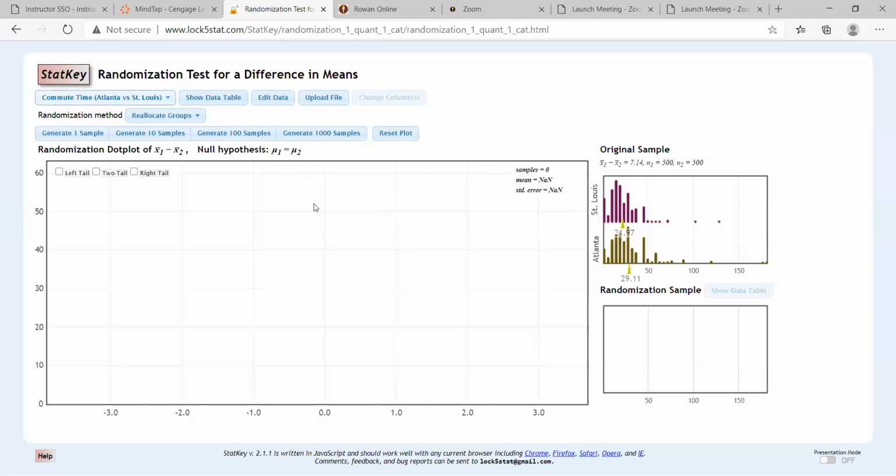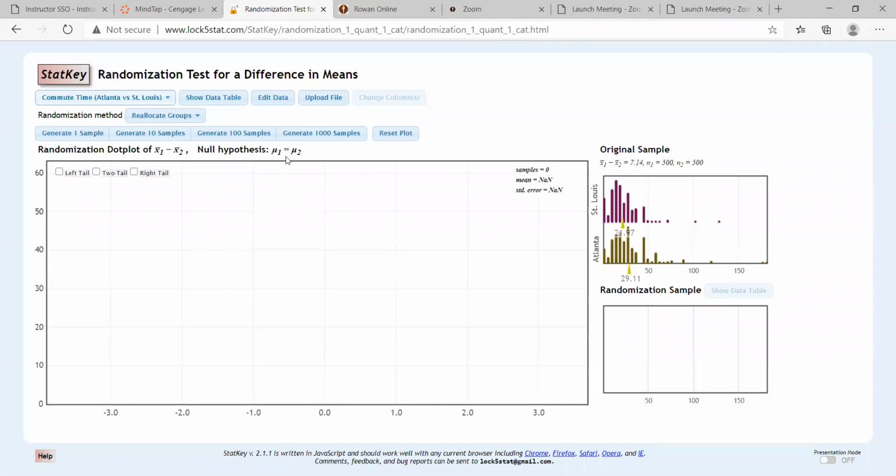Maybe Atlanta is a bigger city and has much worse traffic, and you think that on average, Atlanta commuters will have longer commute times than St. Louis commuters. Atlanta is population 1 and St. Louis is population 2. So what you're assuming is that u1 minus u2 is greater than 0. Atlanta is greater than St. Louis.